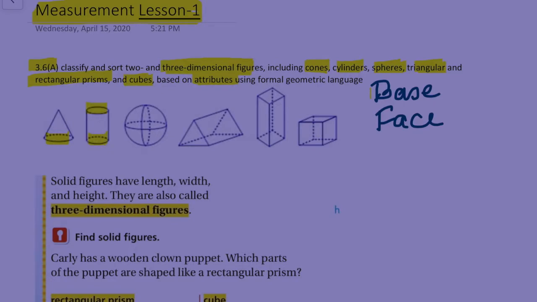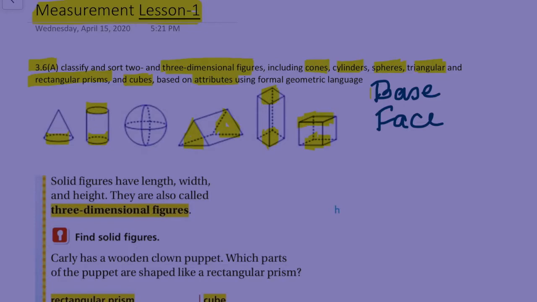Let's see what another picture has two flat faces. A triangular prism has two flat faces, whereas this rectangular prism also has two flat faces, and these faces could be square, but we still call it a rectangular prism. And then this one is a square prism, but we call it a cube.